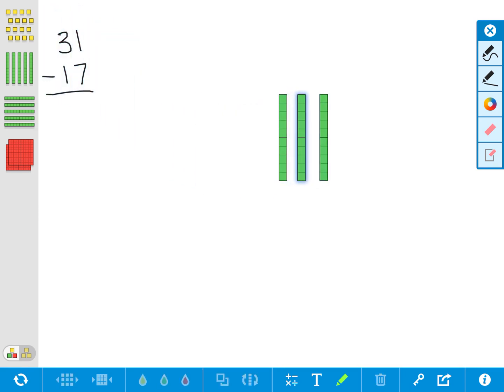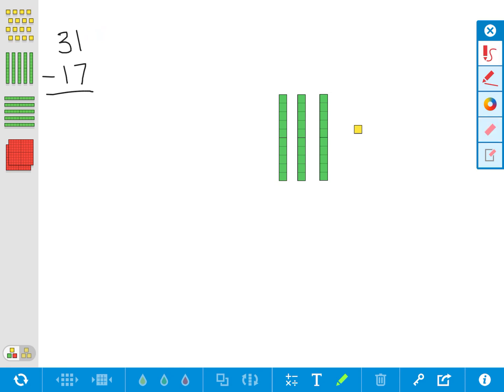Spread those out. And 1. Now looking at my problem, I can definitely tell that 1 right here is smaller than 7. So I can't do 1 minus 7. I'm going to have to expand these numbers and do some trading.